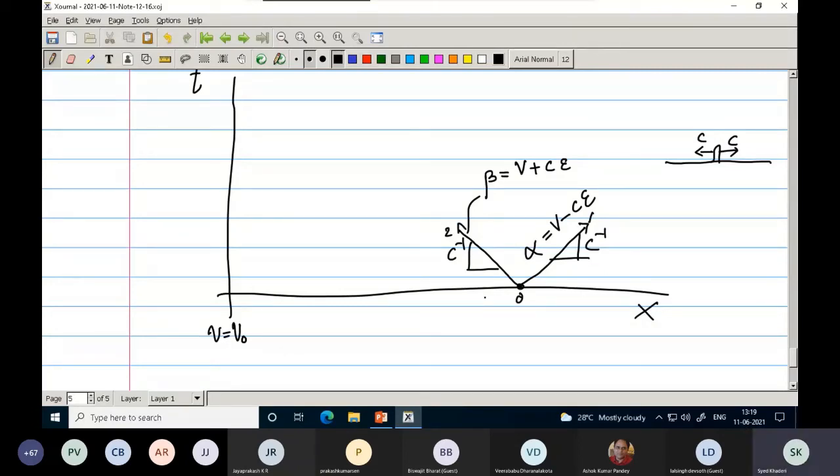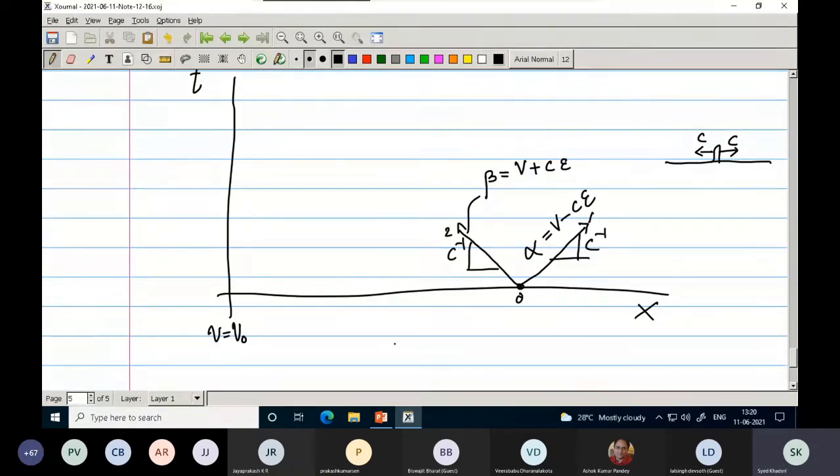That is one. And along these lines, certain quantities are constant. These are what we call alpha and beta, which are nothing but V minus C epsilon and V plus C epsilon.